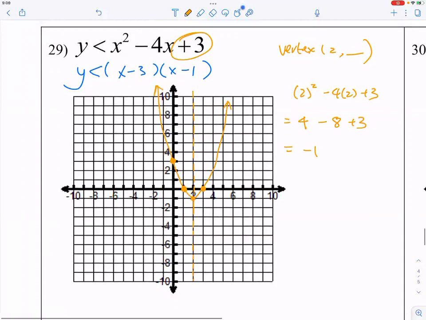But now, can you see I just made a mistake? A subtle one. Yeah, it should be a dashed line, right? Because it is only less than without the equal sign. So I should not use a solid line. I should use a dashed line instead.